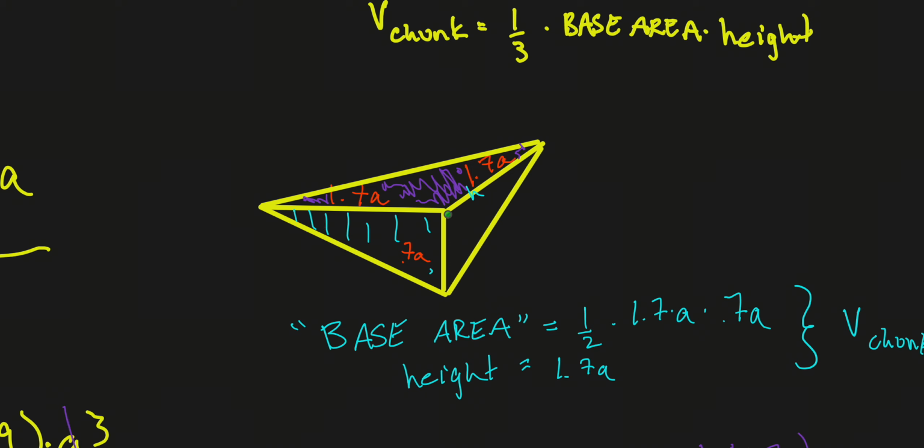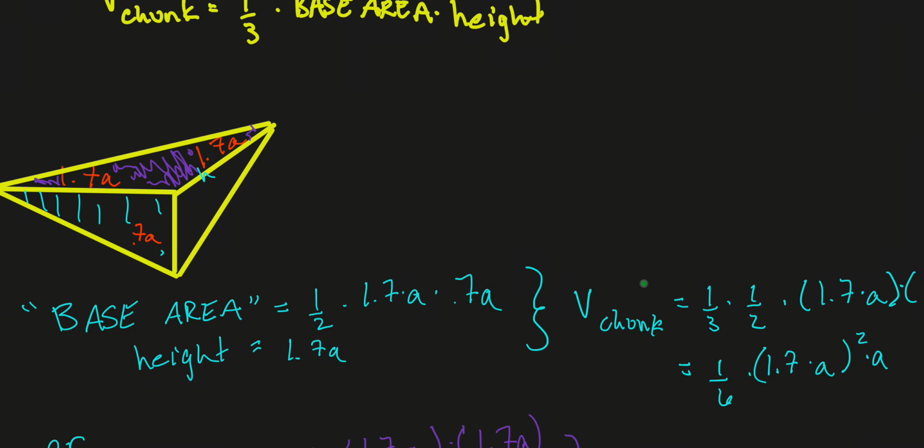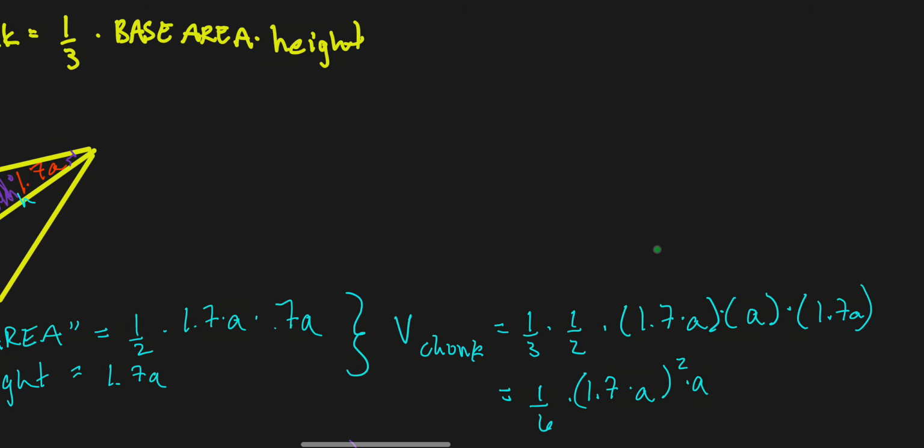And we would have a perpendicular distance, or a height, of this pyramid of 1.7a. Putting all that together, the volume of this chunk would be 1/3 times that base area, which would be 1/3 times 1/2 times 1.7a times, sorry, 0.7a. We missed a 0.7a right here.